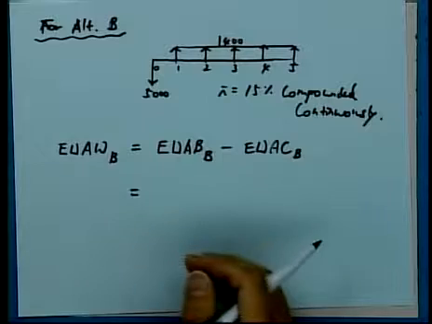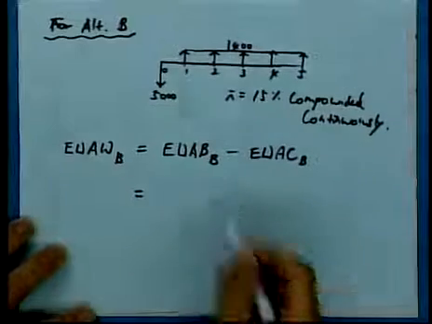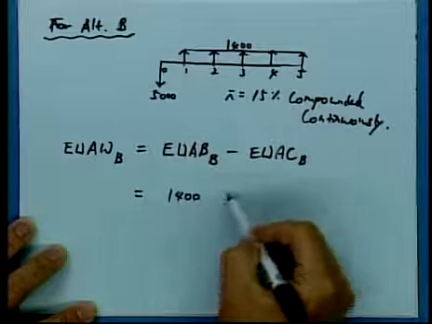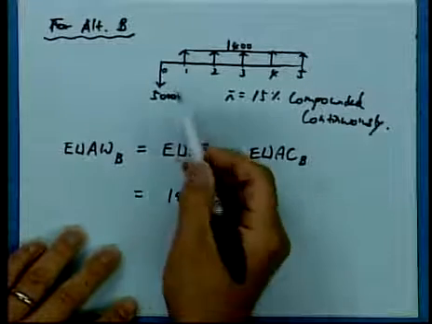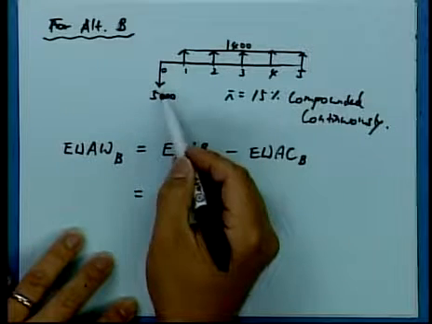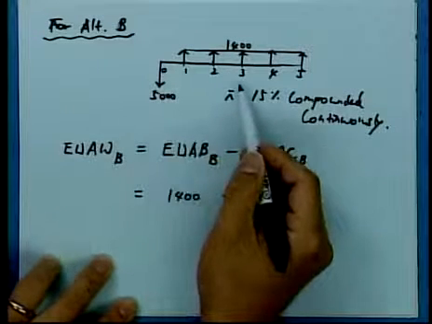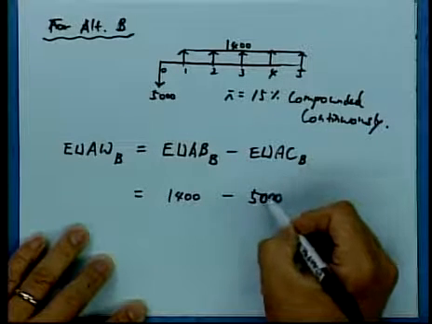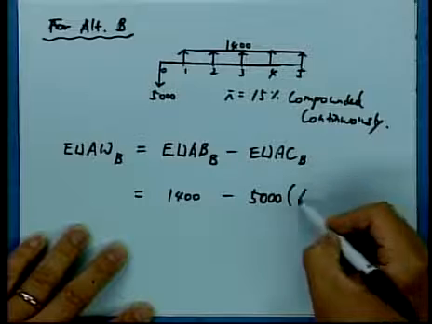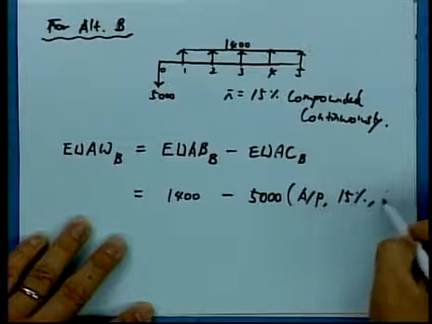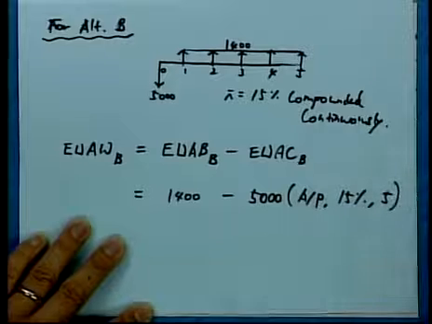The equivalent uniform annual benefit for alternative B would be $1,400 minus the initial cost of $5,000 converted to the equivalent uniform annual cost. So minus 5,000 times A given P, 15% over 5 periods.